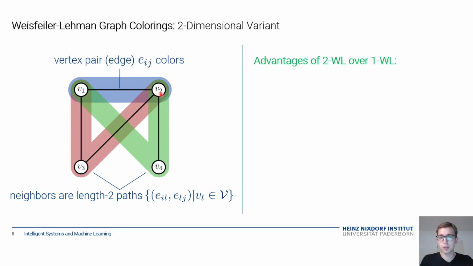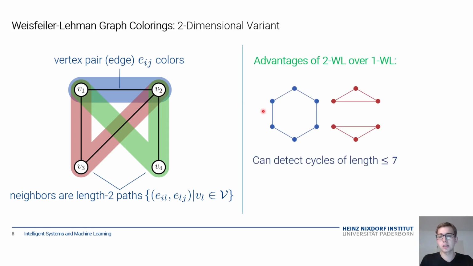More specifically, it turns out that by essentially stitching together these paths that we have as part of our neighbors, we are able to detect cycles of up to length 7 in any given graph. So for example, here we would be able to tell just from the two-dimensional coloring that this graph contains 6 cycles and that this graph contains 2 3 cycles. One natural consequence of this is that we are able to distinguish, in fact, many regular graphs that are out there.